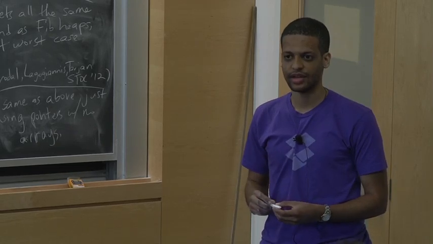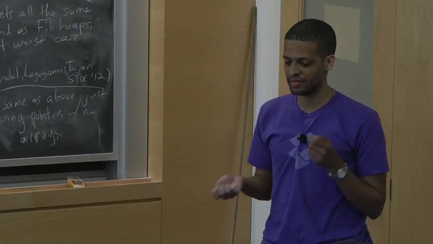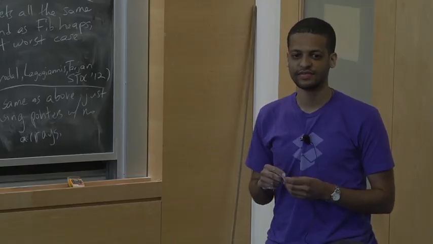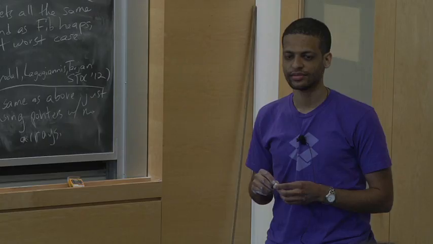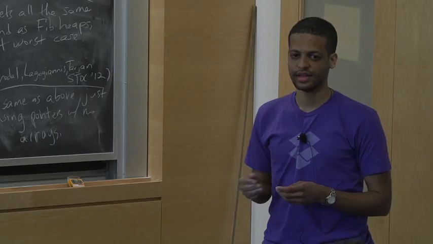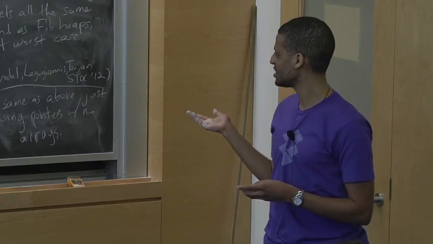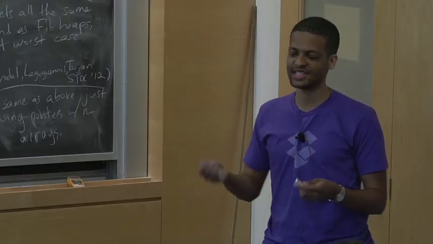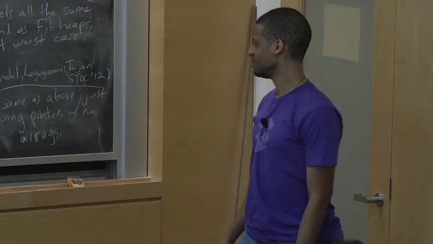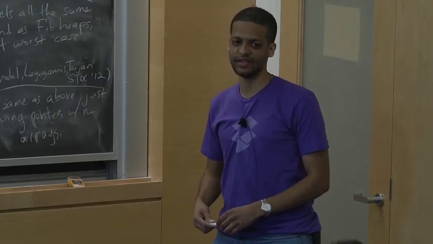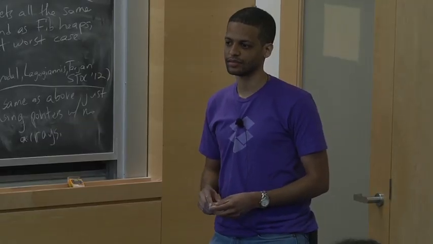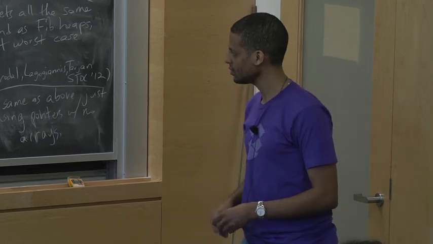If you take the better of fusion trees and van Emde Boas, you would get everything in root log n. Although what I presented in class was a static fusion tree, so it didn't support insertion or deletion. It just supported queries. And if you're just searching for the min all the time, that's not really interesting. But there is a dynamic implementation of a data structure achieving the same bounds as fusion trees.